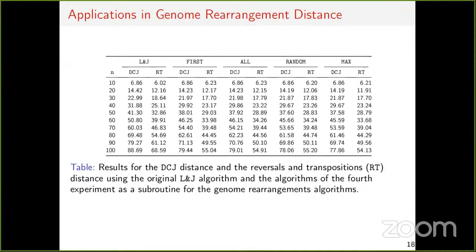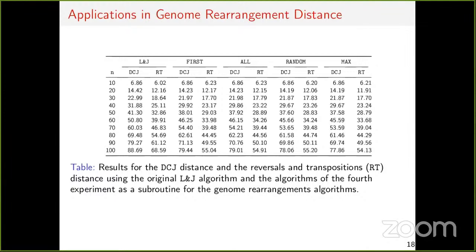On this table, we show the average length of the sorting sequence. Note that for this problem, the objective function is minimization, so results with smaller sorting sequences are the better results.